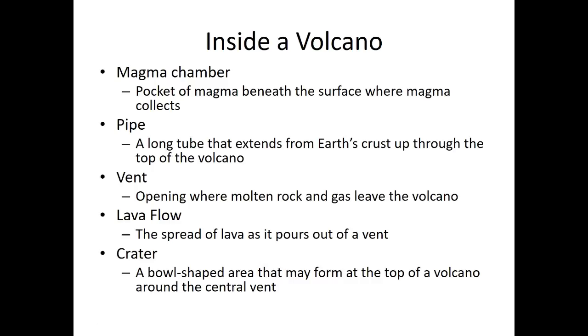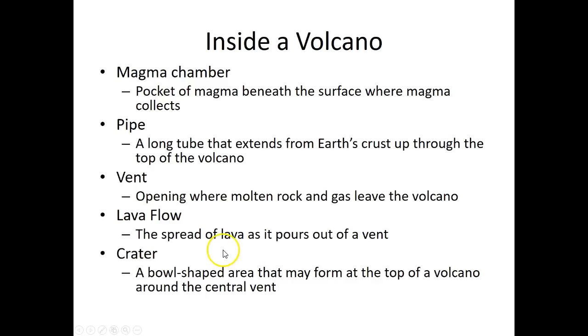A crater is a bowl-shaped area that may form at the top of a volcano around that central vent. Remember, the vent is the opening where the molten rock and gas leave the volcano. So our five different parts again are the magma chamber, the pipe, the vent, the lava flow, and finally the crater.